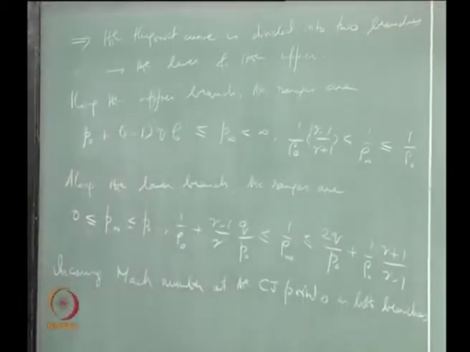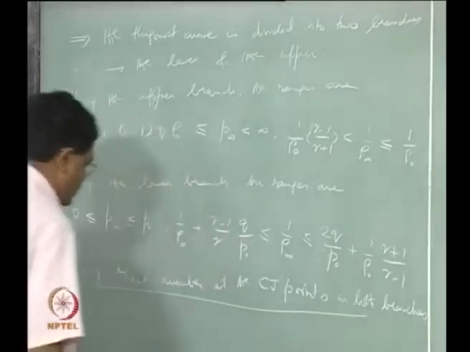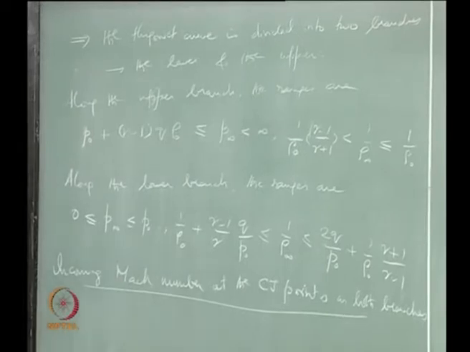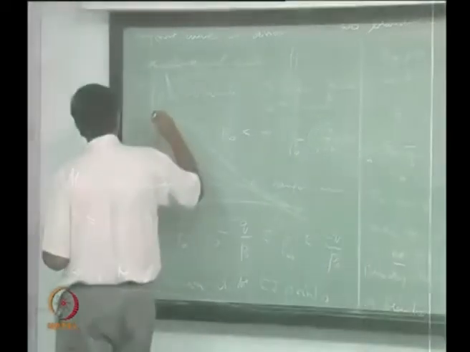All right, so this is what we should be looking at now. So how do you locate the two CJ points, right?